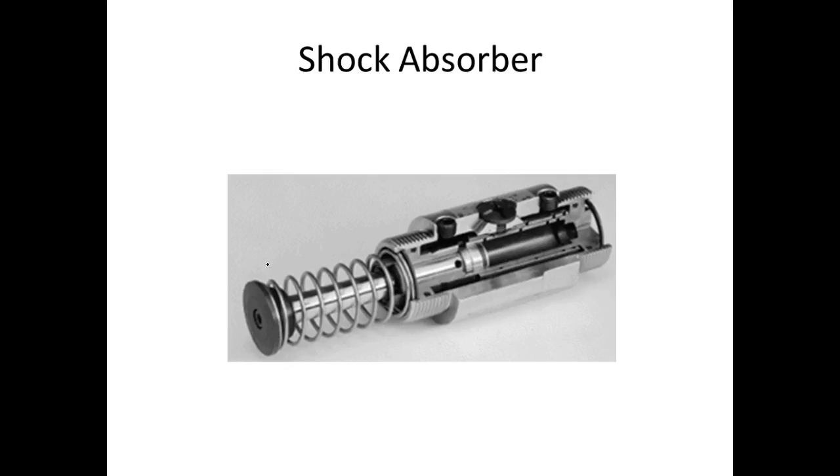Shock absorbers. We use shock absorbers. Over on our manufacturing line, we've got several shock absorbers on the robots that move back and forth, on the very end to keep it from banging up against the side. Everybody know what a shock absorber does? How does it do it?